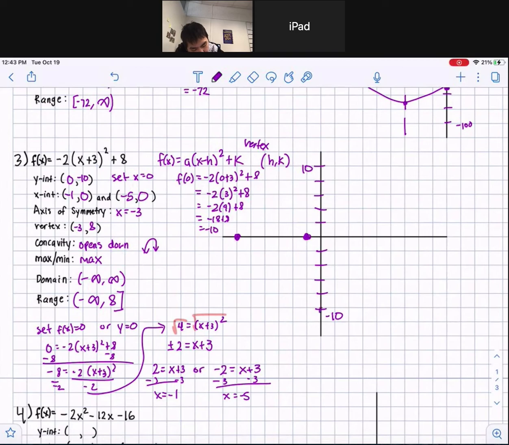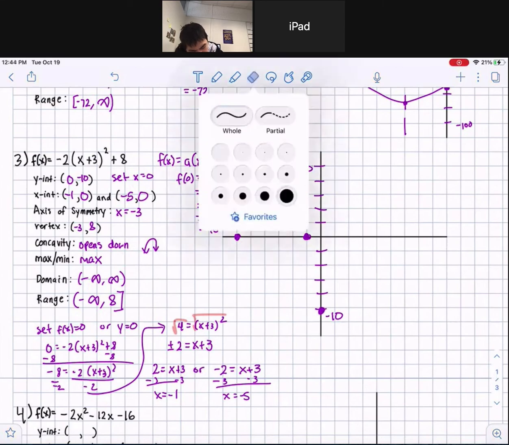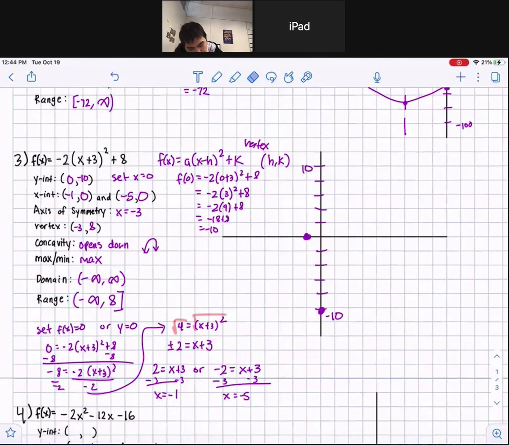Y-intercept, (0, -10). And vertex, 1, 2, 3. Oh, I graphed that at -6, 0. 1, 2, 3, 4, 5. (-3, 8). And then there you guys go.